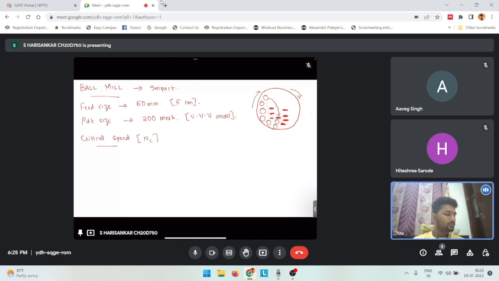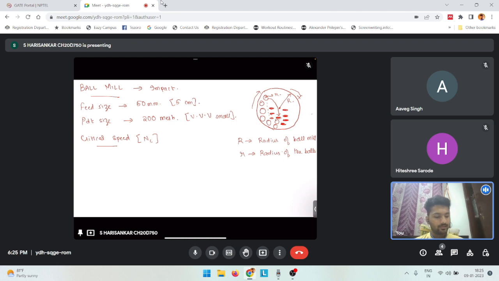So let us assume the radius of this mill as R and the radius of this ball as small r. So R is the radius of the ball mill and small r is the radius of the ball.